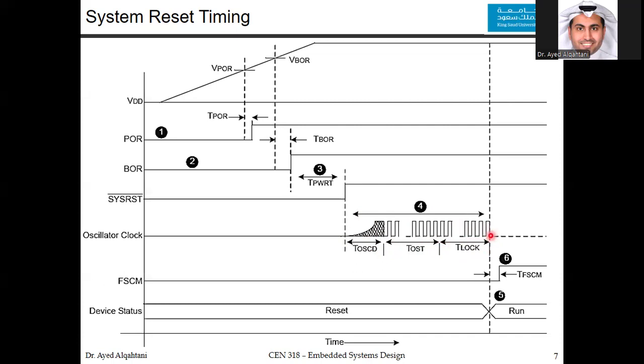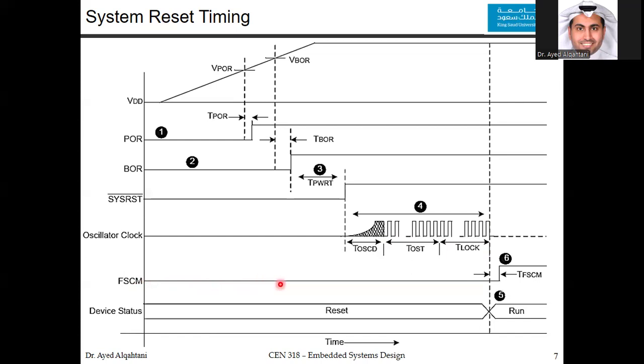Now at that point, you passed the power on, the brownout, and the oscillator stage. So all that was before this, the device is in the reset mode. And if you check the status bit for the fail-safe clock monitor, you will see that it was low, meaning that there is a reset.